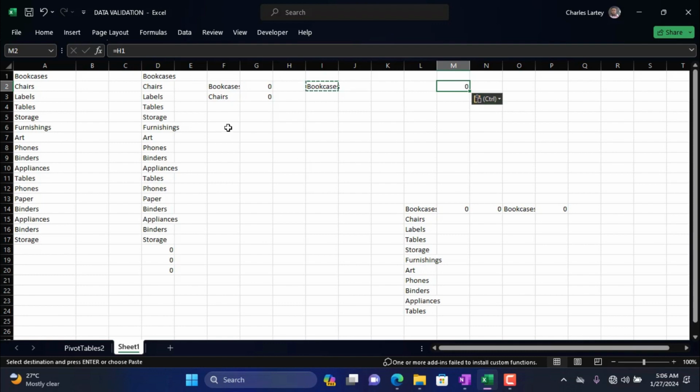This one is referencing D1, and as I copied and moved, it also moved in relation to the number of columns I moved. If I moved a row down, it would have moved a row down too. Alright, so that is the relative cell referencing.